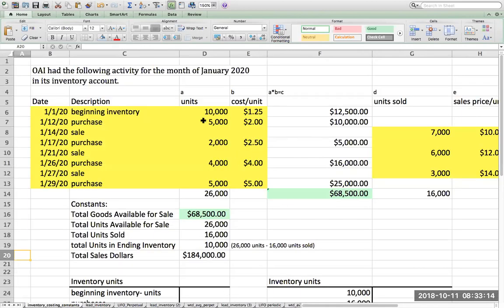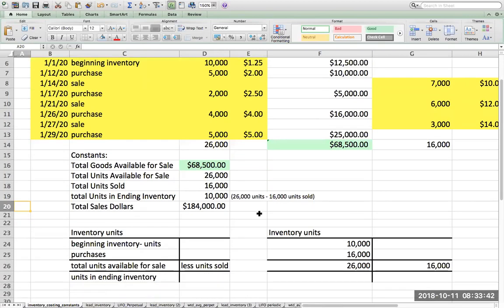If all these parts are the same, if my cost per unit was the same for every single purchase, would all of my results be the exact same for LIFO, FIFO, weighted average, periodic, and perpetual? That answer is absolutely yes. We only get different results if there are different amounts in terms of the cost per unit.